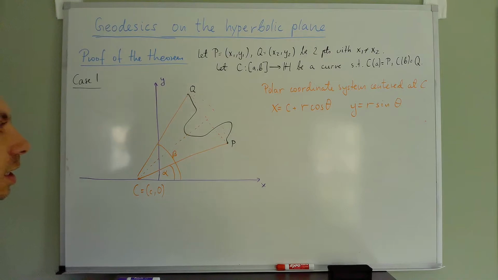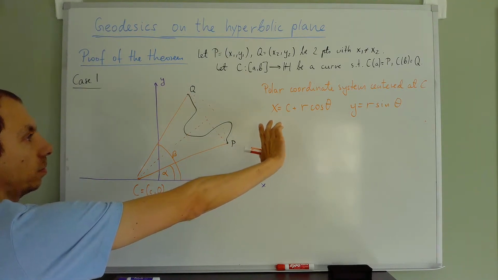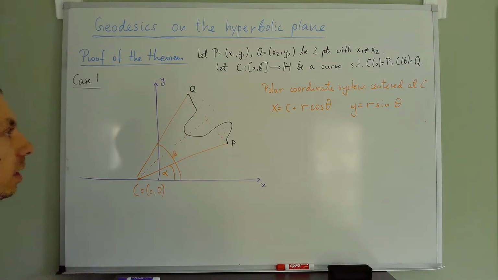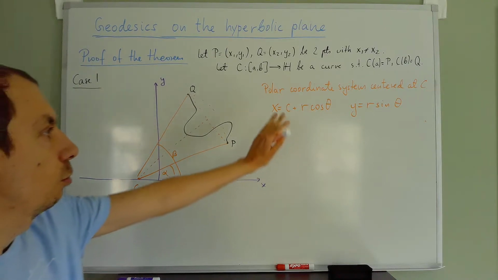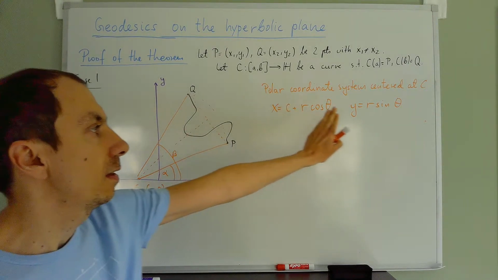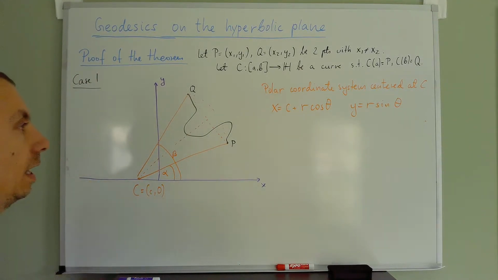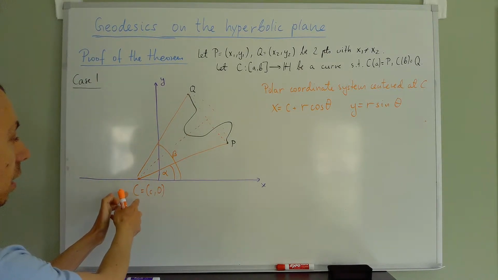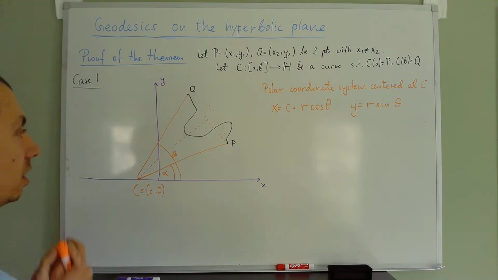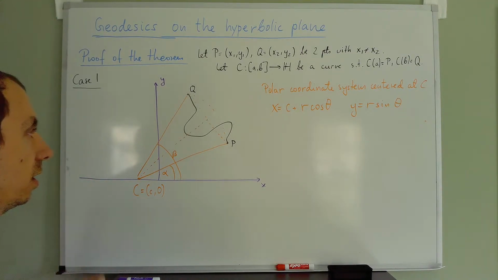And I introduce a system of polar coordinates on the plane, except normal polar coordinates look like this: x equals r cosine theta and y equals r sine theta. So now I shift the system a little bit to the left, so that the center is at 0, at the point C.